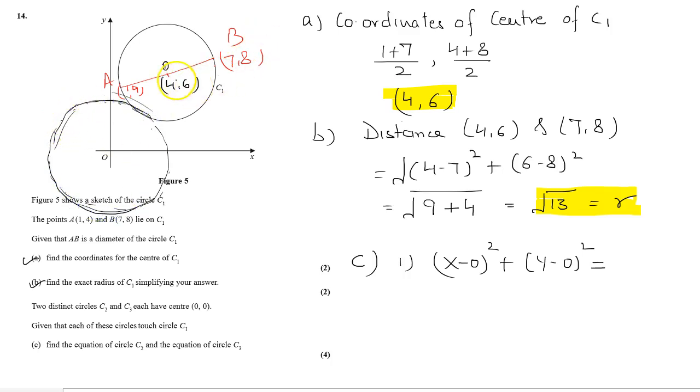This is touching C1. Now this is the radius. What is the distance between these 2 points? This is C2.